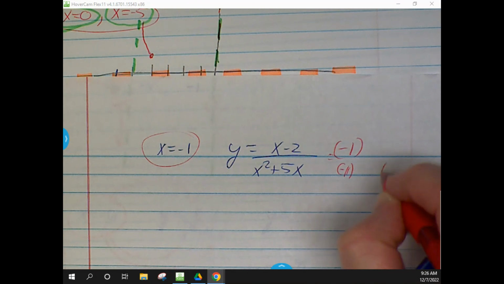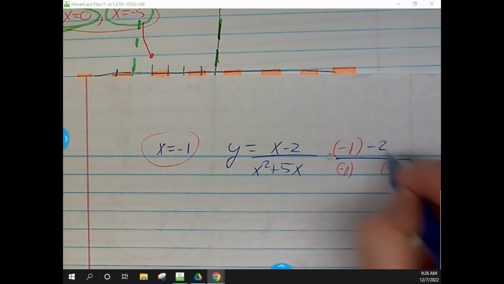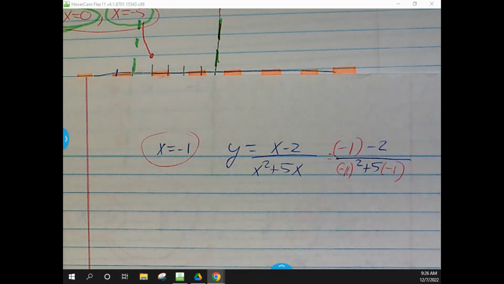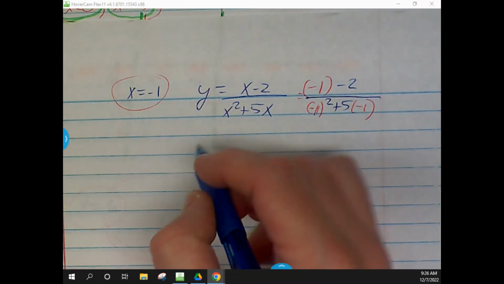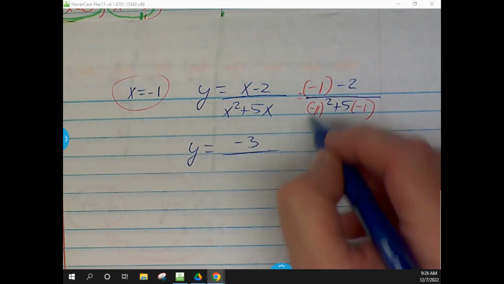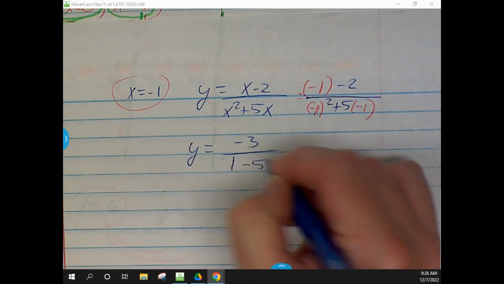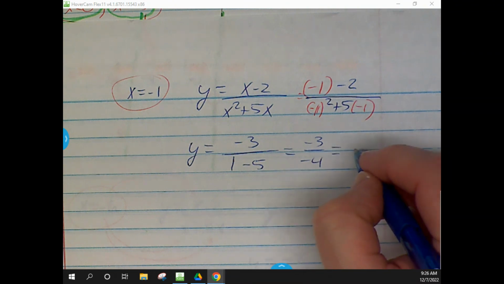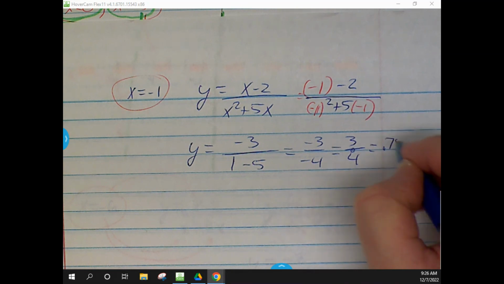So that's -1 minus 2 over -1 squared plus 5 times -1. So -1 minus 2 is -3. -1 squared is 1. 5 times -1 is -5. So that's -3 over -4, which is a positive 3/4, which is basically just 0.75.